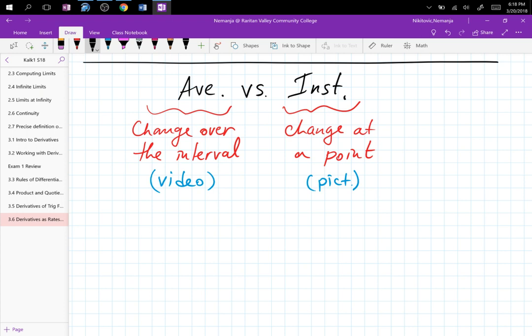Now, observe this. Between points A and B, let's say there is a 10-mile stretch. And if there is a 10-mile stretch, it takes you 10 minutes to get there.